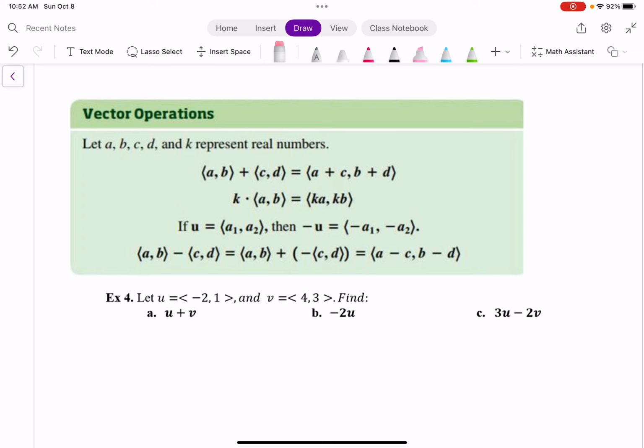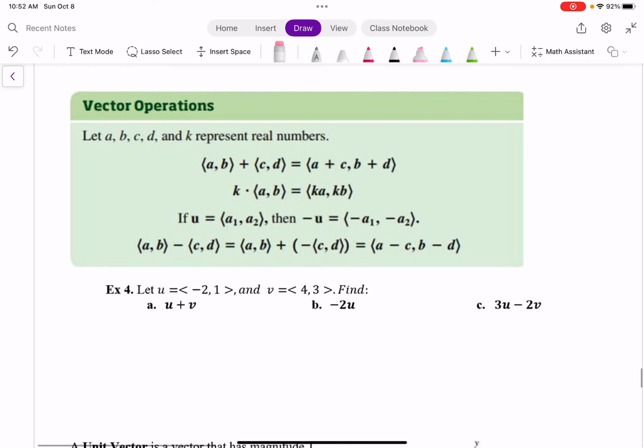How about k? The scalar k is a real number times a comma b. That means maybe I stretch my vector, or I compress my vector. So I can distribute the k inside the vector, multiply by a, multiply by b. I have k times a comma k times b.